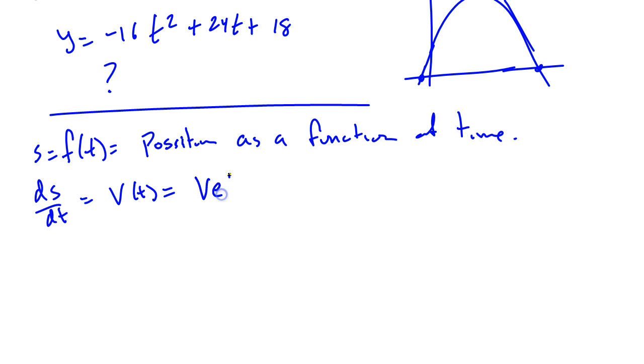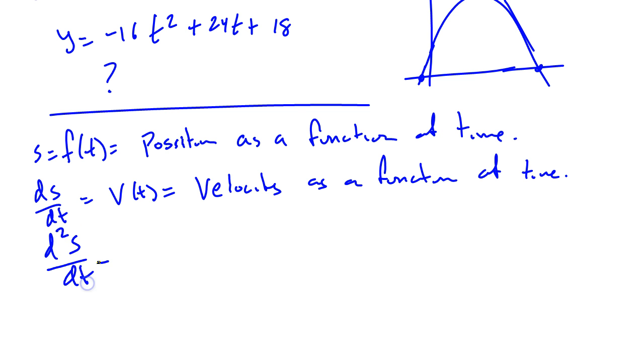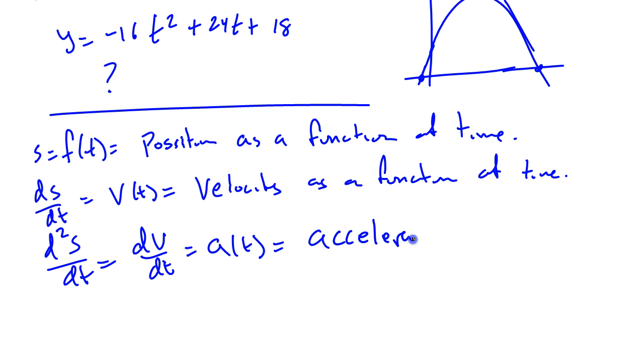It's the velocity. And the derivative of that, which would be the second derivative of the position, which is the first derivative of the velocity, is what we call the acceleration, as a function of time, right?